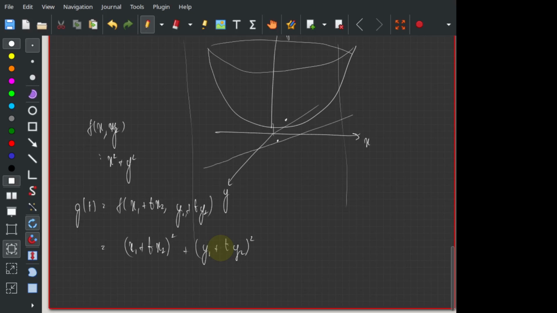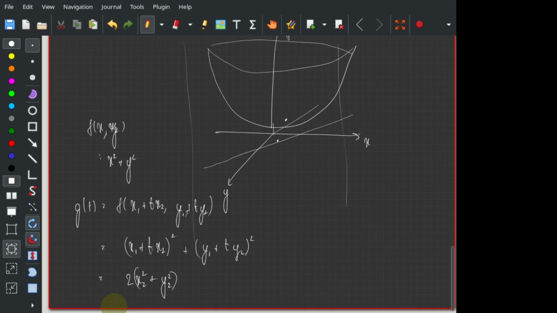What would be the second derivative of this particular function? The second derivative would be 2 times x2 square plus y2 square, right? That's an easy check.